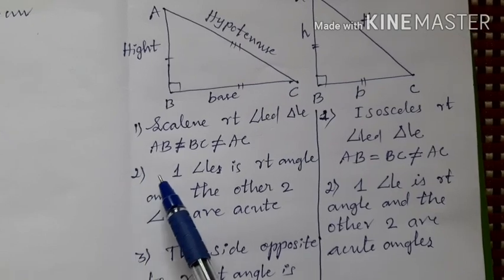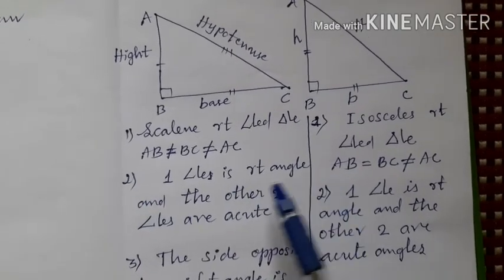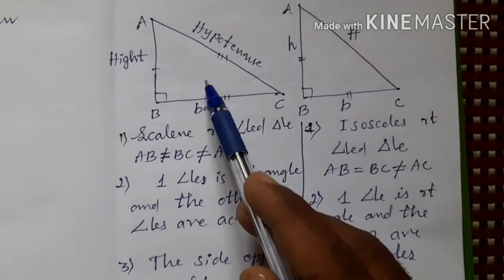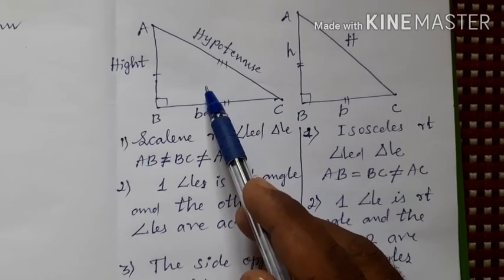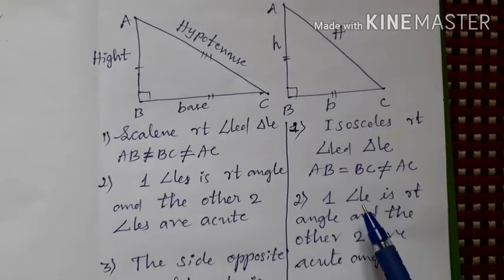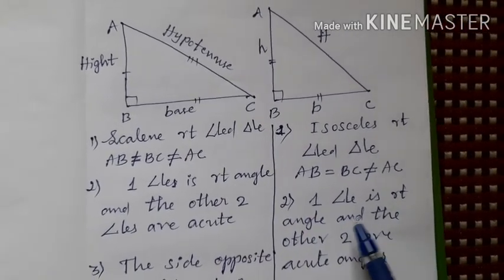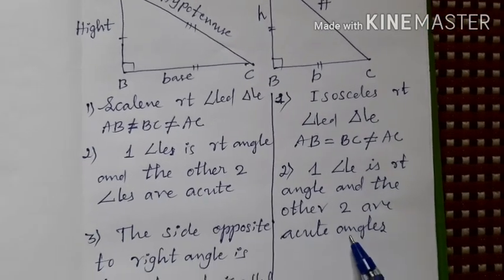Then one angle is a right angle and the other two are acute angles in a scalene right angle triangle. In an isosceles right angle triangle also, one angle is a right angle and the other two are acute angles.